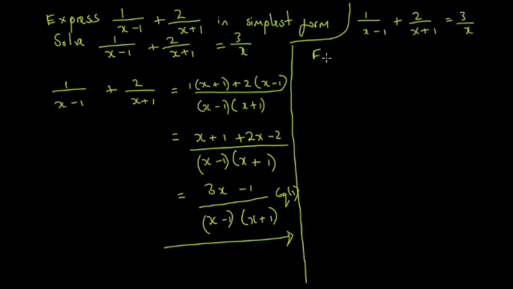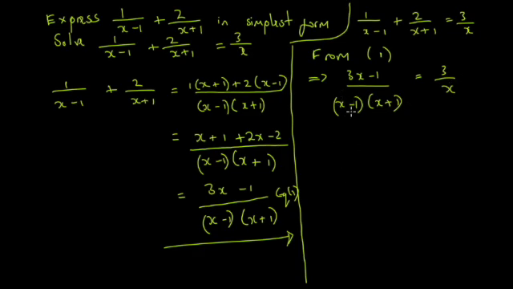You can say from equation 1, so they will know that you're referring to this equation here. From 1, we can substitute this one here, so it'd be 3x minus 1 all divided by x minus 1 times x plus 1. We have replaced this one. We're using the hence part, so we replace this with our simplified form. This one will be equal to 3 over x.